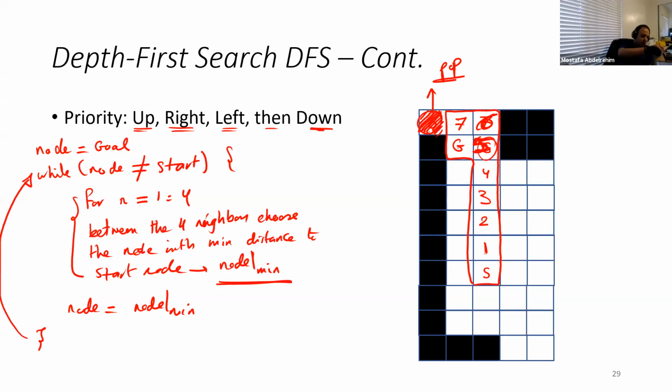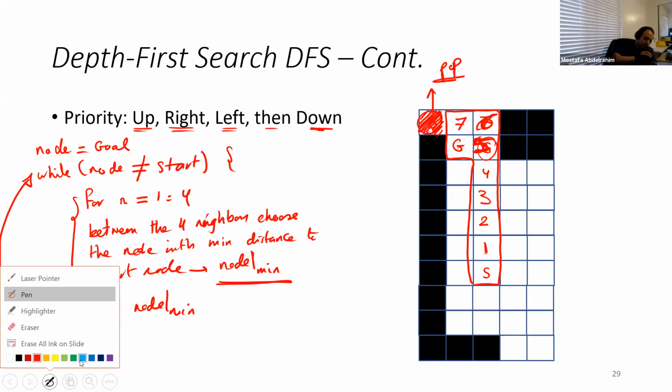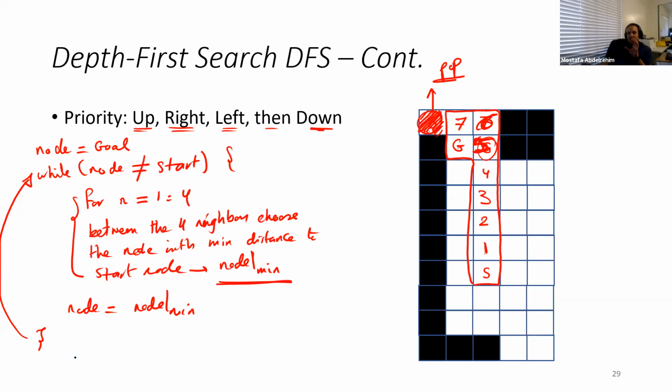Let's trace this short algorithm with the map that we have here. We first start by the goal node. So node now equals the goal node, this one. We check the 4 neighbors of the goal node, and we choose the one with minimum distance to the start. What are the 4 neighbors of the goal node? This one, this one, this one, and this one.